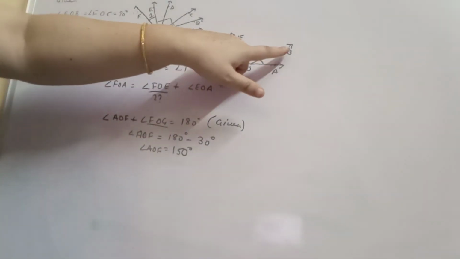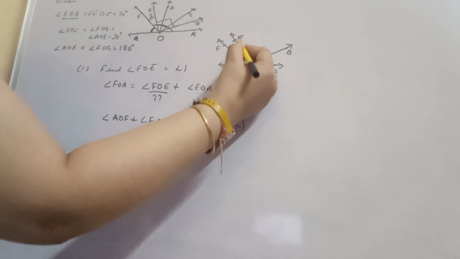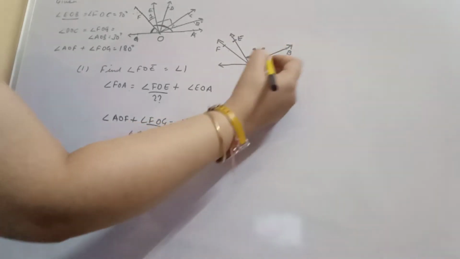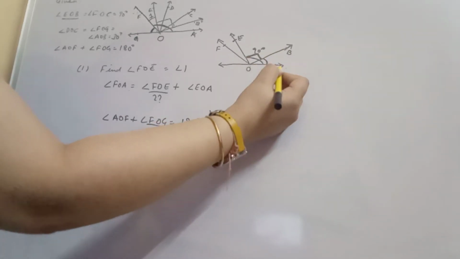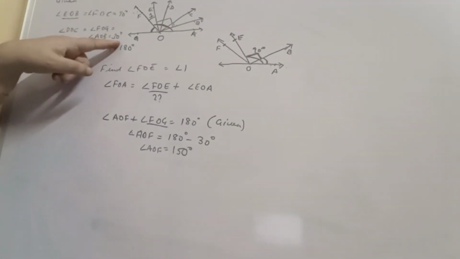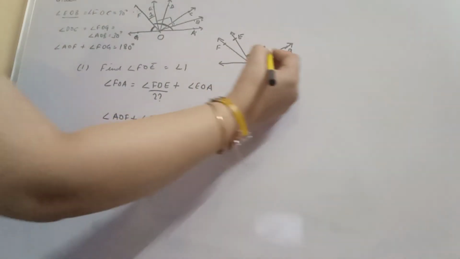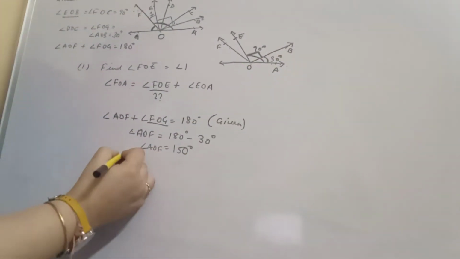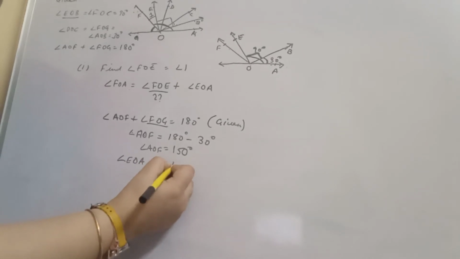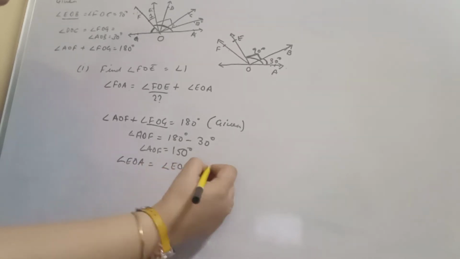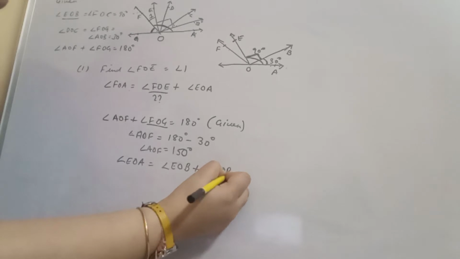And what else is left now? For EOA, you have EOB, which is 90 degrees. The remaining angle is my AOB. AOB is also given to me. It is 30 degrees. So my EOA is actually angle EOB plus AOB.